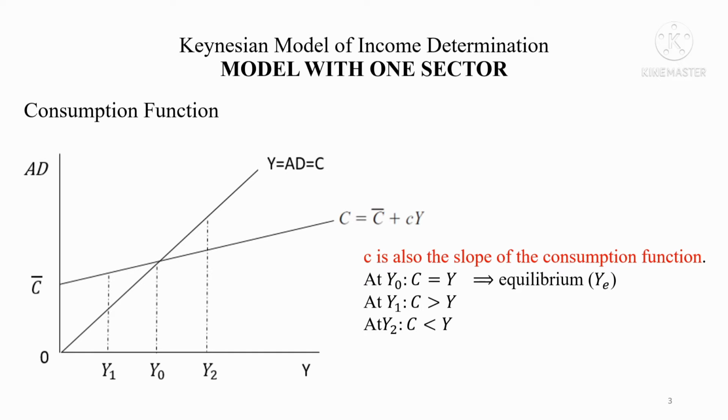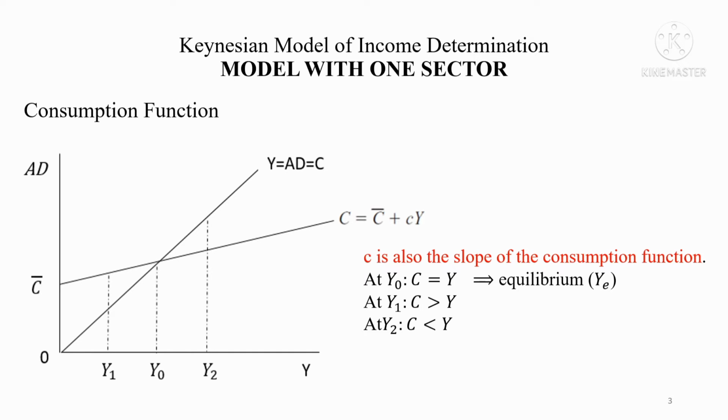Let's say, for example, at Y sub 1, the consumption line is above the 45-degree line. This means that households consume more than their income. In effect, saving is negative. On the other hand, at Y sub 2, the consumption line is below the income line, or households at this point are consuming below their income level.